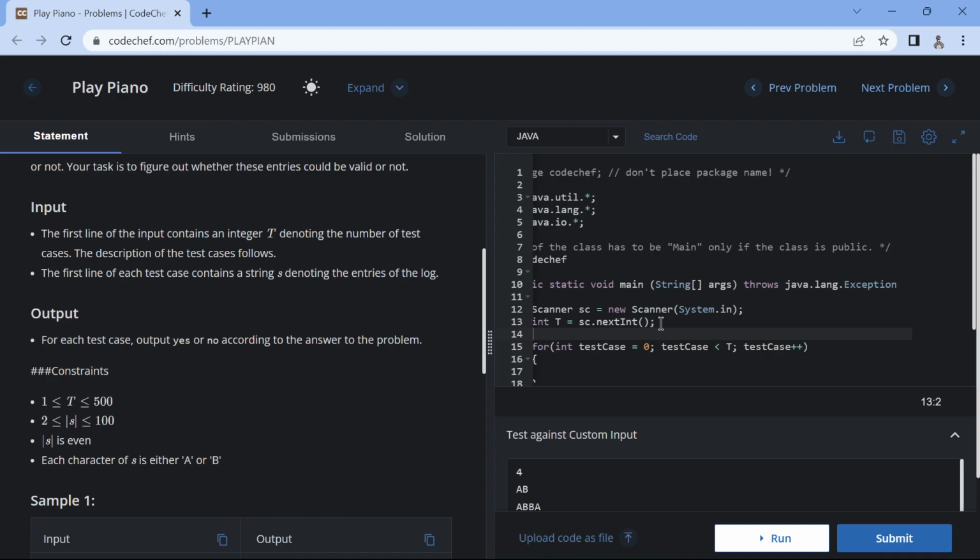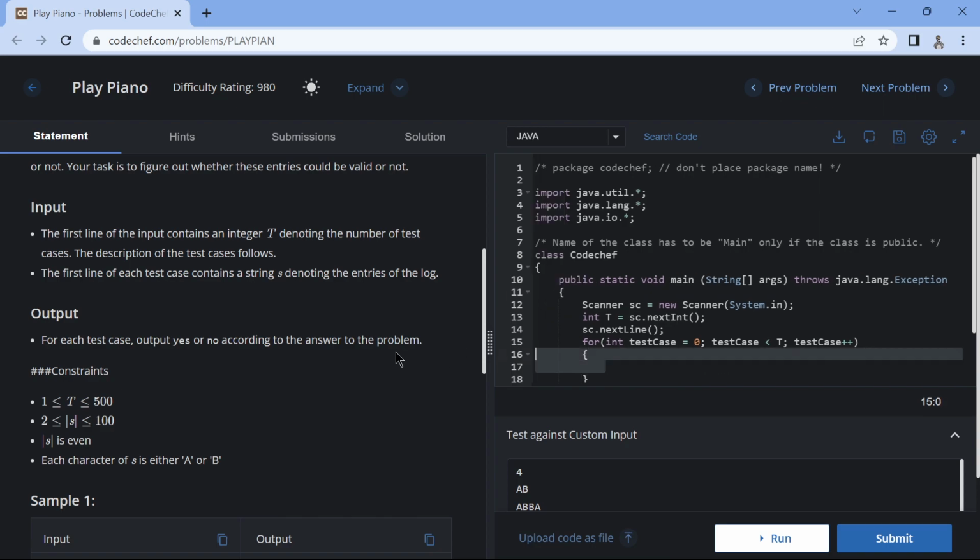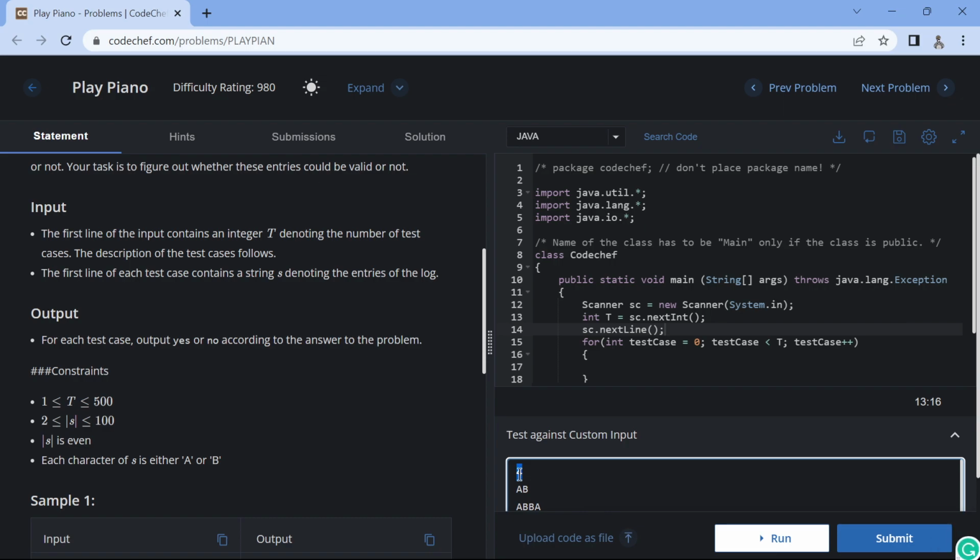Now, because we had to use next line, I'll explain why. When I have this next int, it's going to read this integer.